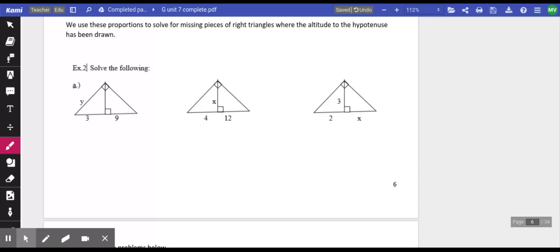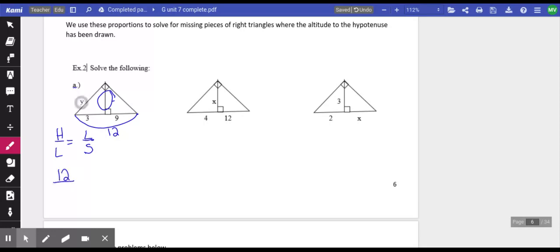So letter A, I do not have the altitude, so I am going to use hills. So it's hypotenuse to leg, as leg is to the segment. So again, remember, hypotenuse is the whole bottom. So the whole bottom in this case is 12. So it's 12.